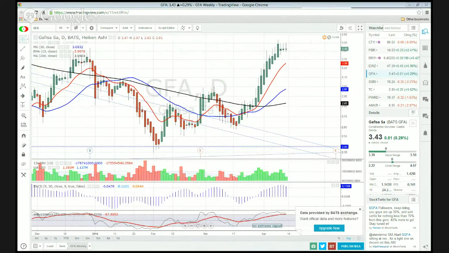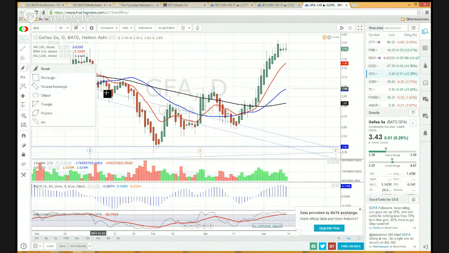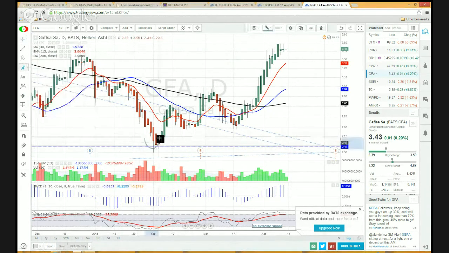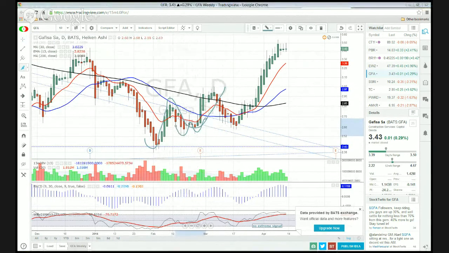It's actually a double bottom within a double bottom. Here's the wider bottom, and then you also had a really tight little double bottom in here. Whenever you get these double bottoms within double bottoms, they're very powerful. Does that make sense?